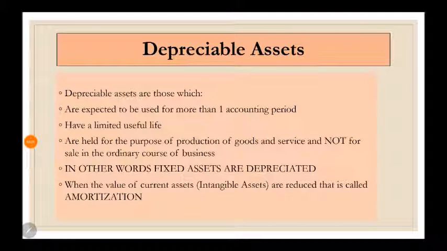It has a limited useful life, but it tends to last for more than 1 year. It's held for the production of goods and services like your motor vehicles, your equipment, your premises, tools and equipment. Those things depreciate in your business. So in other words, fixed assets are what are depreciated in your accounting records.